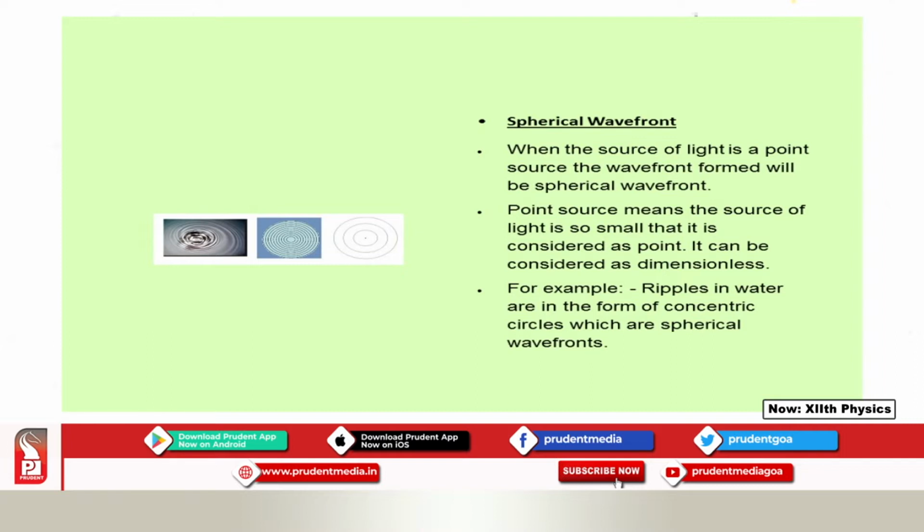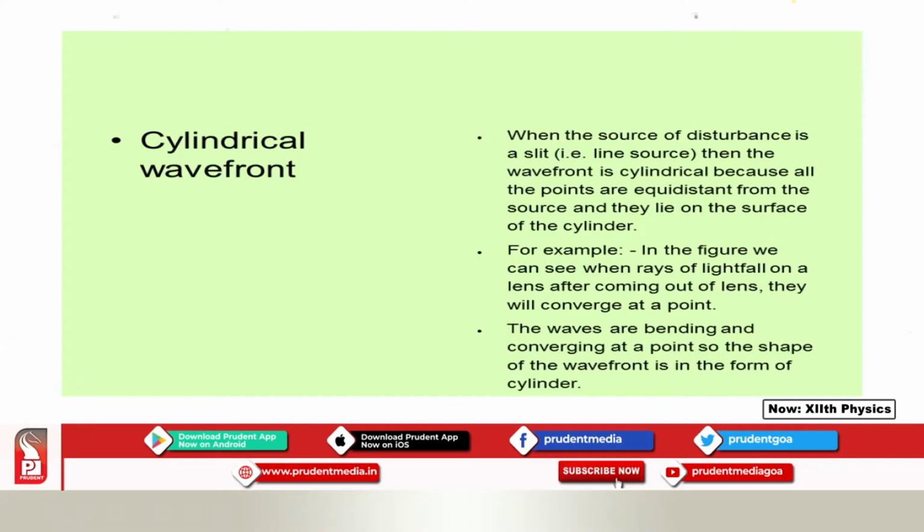Then ripples in water, in the form of concentric circles, are said to be spherical wavefronts. Then I just spoke about the cylindrical wavefront. When the source of disturbance is a slit, we can choose even a slit. What is a slit? You take a bulb from which the light rays are coming out. This was done by Newton, beautifully, with a cardboard.